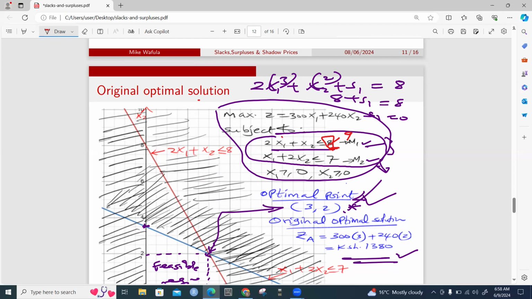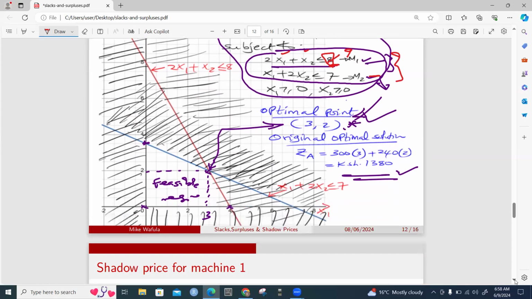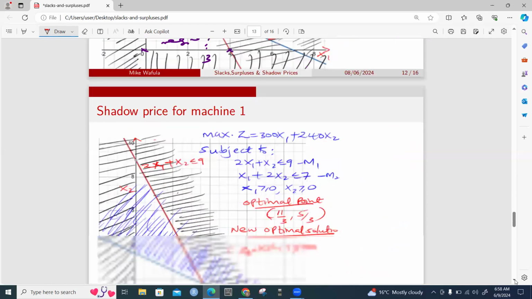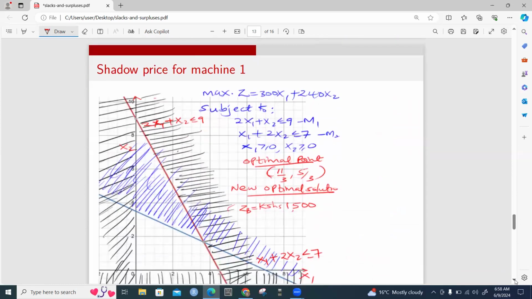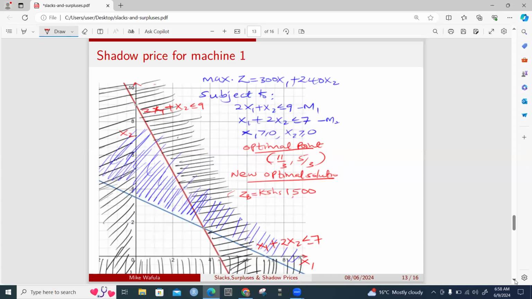So that I now have 2x1 plus x2 is less or equal to 9, and x1 plus 2x2 less or equal to 7. Then I leave the machine 2 constraint intact. And then I'll try to determine the optimal solution and the optimum point, and see how the optimal solution now changes. So that will help me now compute the shadow price for machine 1.